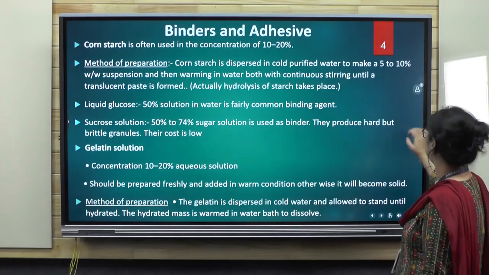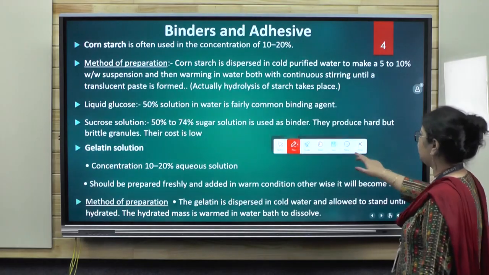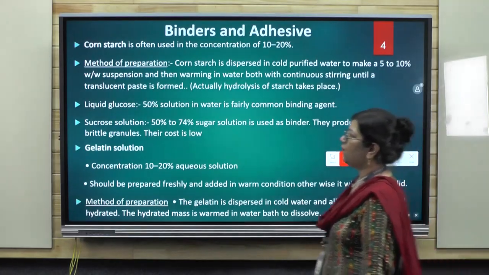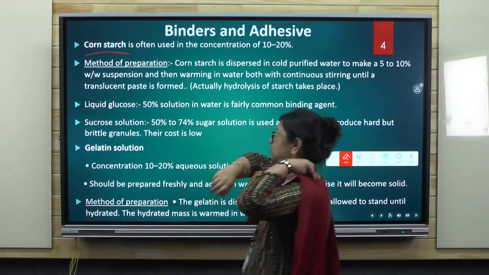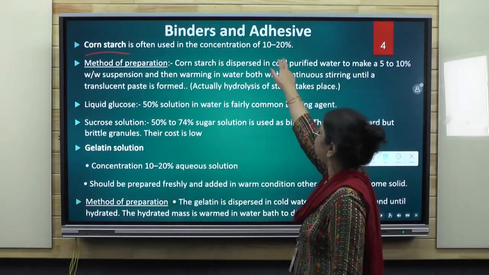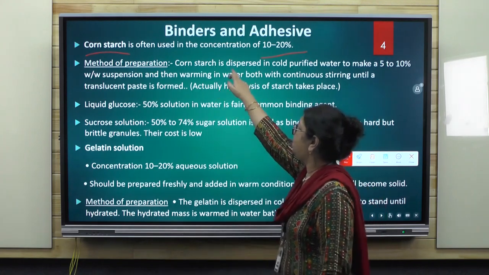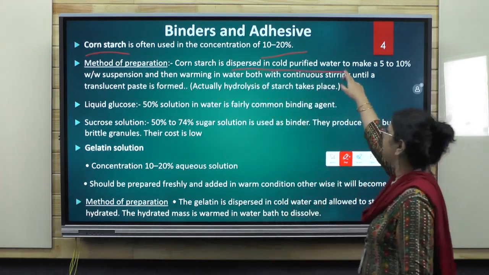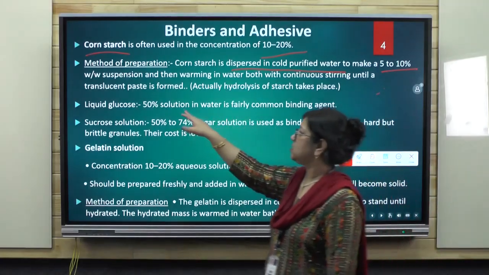So what other binders and adhesives are we using in pharmaceutical formulation? The first one is cornstarch. Cornstarch is often used in the concentration of 10 to 20%. Method of preparation: cornstarch is dispersed in cold purified water to make a 5 to 10% weight by weight suspension.